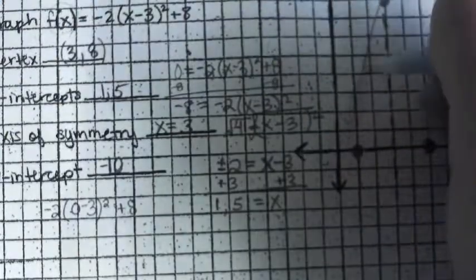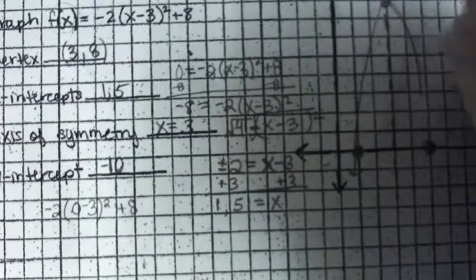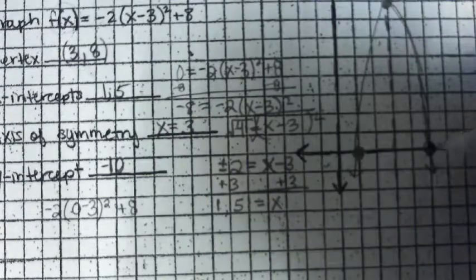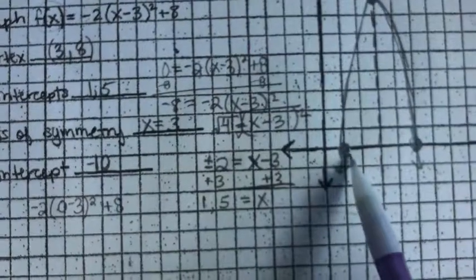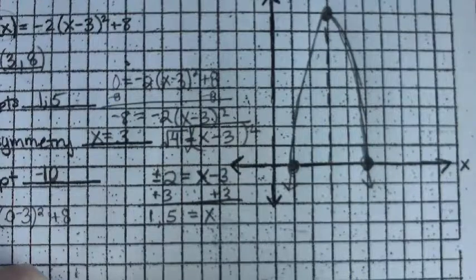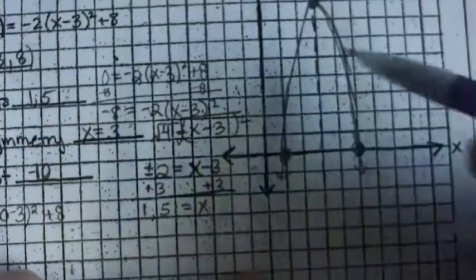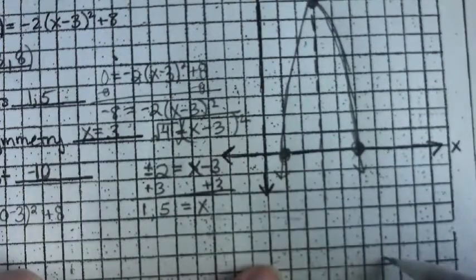But I do want to talk about that symmetry again. If the point 0, negative 10 is on my graph, what are the coordinates of the one over here that will be symmetrical to that? 6, negative 10, right?